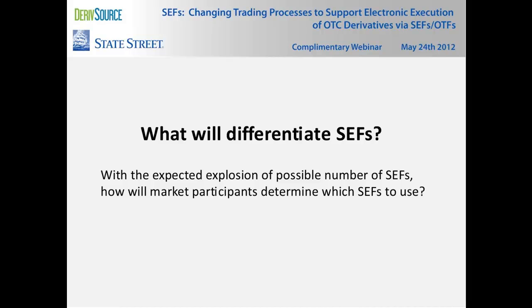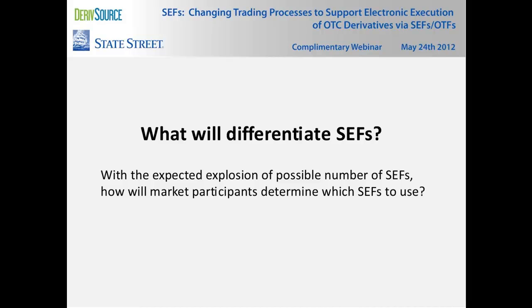A lot of the cost equations we see people going through today are: once I trade the product, what are going to be my ultimate carrying costs for putting up margin and holding that at a clearinghouse? So important in this decision process is, does that product have margin offsets with other futures products or related swap products? What's my all-in cost, not just my execution cost on the screen? What's going to be the cost for me to do this trade or execute this hedge?